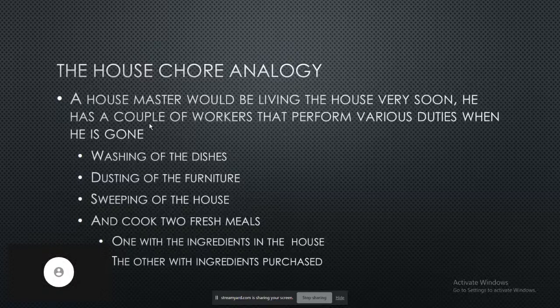The duties for those workers include washing the dishes, dusting the furniture, sweeping the house, and cooking two fresh meals, one with ingredients in the house and the other with ingredients purchased outside. Now let's see how this occurs.